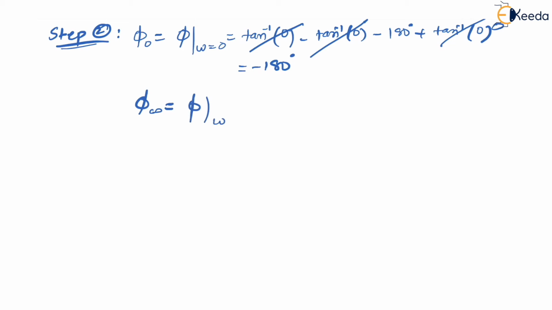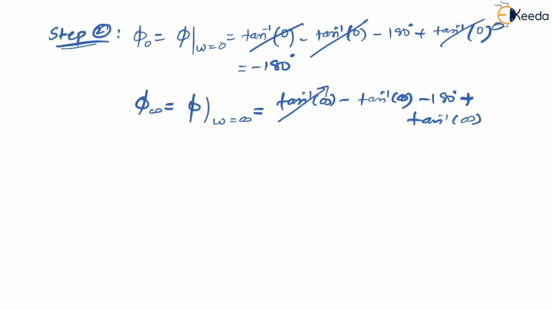Phi infinity is nothing but phi at omega equal to infinity, which is tan inverse of infinity minus tan inverse of infinity minus 180 degrees plus tan inverse of infinity.